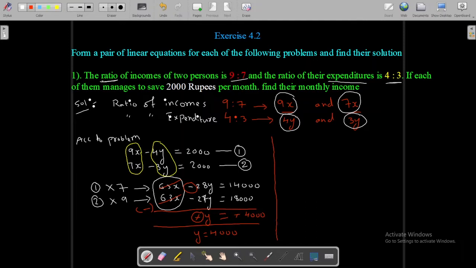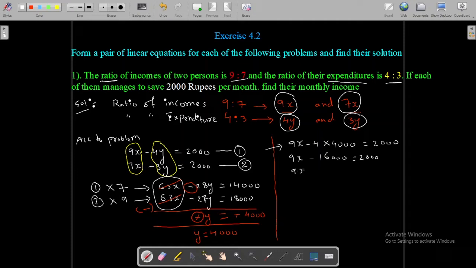Now I got the value of y, so I will substitute this value in any one of the equations. I will substitute in this equation: 9x minus 4 into our y, which is 4,000, is equal to 2,000. So I will be getting 9x minus 16,000 is equal to 2,000.